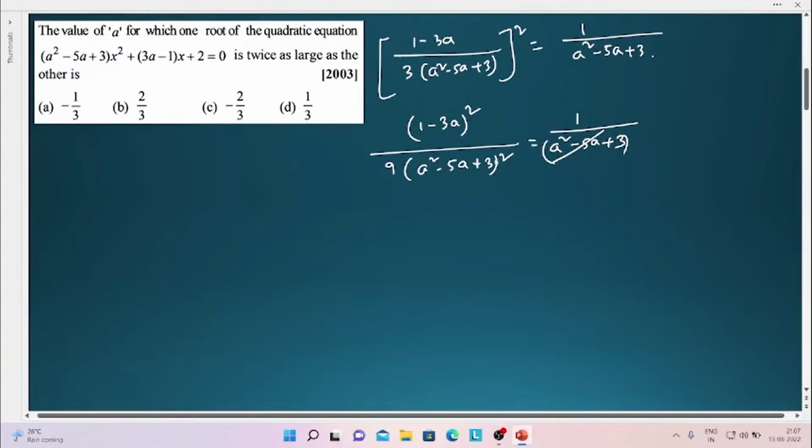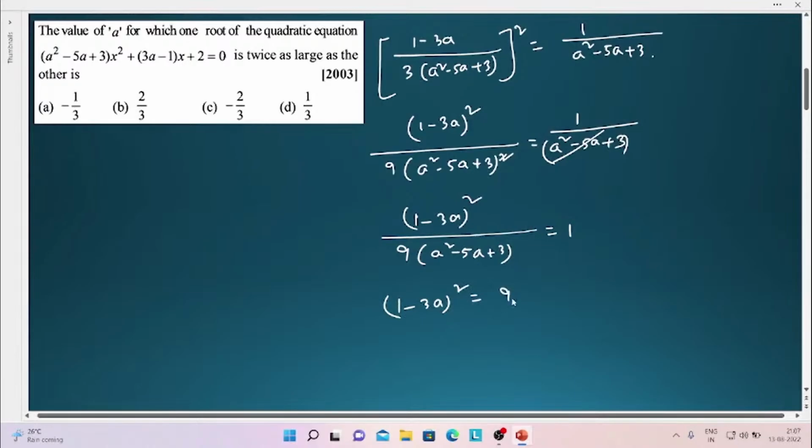So if we cancel one part with that part, only a square minus 5a plus 3 will be there. So it will be (1 minus 3a) whole square upon 9 times (a square minus 5a plus 3), which equals 1, right? So (1 minus 3a) whole square will be equal to 9 times (a square minus 5a plus 3).